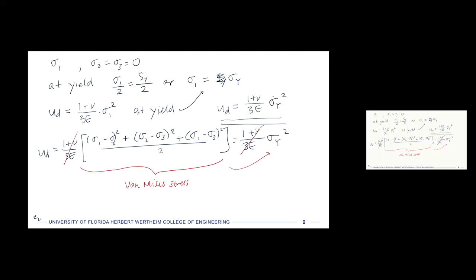I want to stop briefly to talk about the calculations that we did in the last class. In the last class, we had a pressure vessel that was filled by some pressure. We had a first principal stress that was the pressure times the nominal radius divided by nominal thickness. We had a second principal stress that was half of that. And then we did not have a stress in the radial direction, so that was 0.